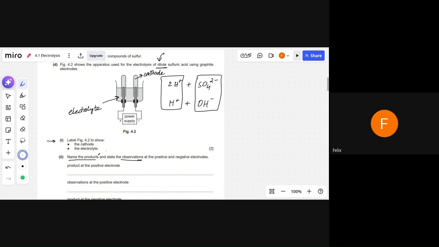Now this question. Since we don't have any halide here, it's either oxygen or a halide at the positive electrode, the anode. So here the answer will be oxygen. We have studied this in detail in our previous video. If you haven't watched that, go watch that video.